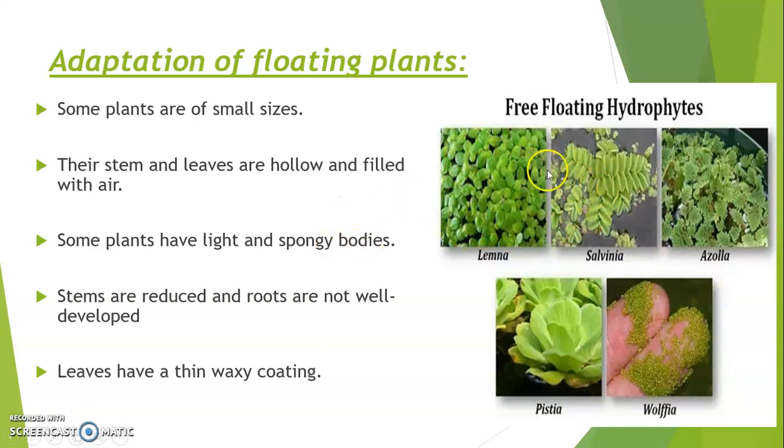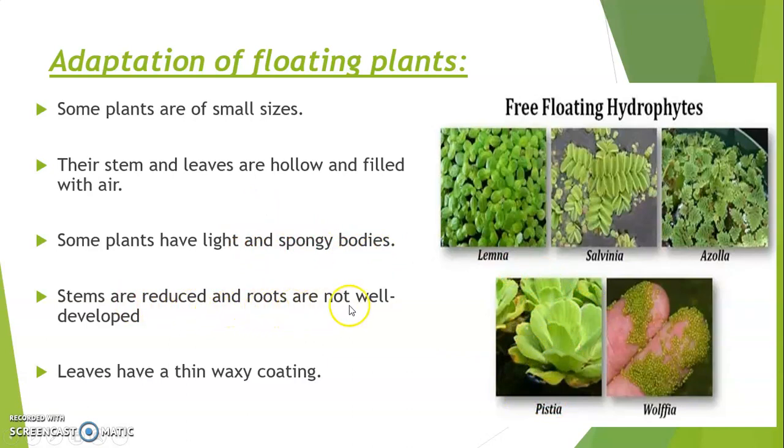They are hollow. So this makes them very light in weight and hence they can keep floating over the water. The plants have light and spongy bodies. So these leaves have a wax coating and are spongy in nature, so they can keep floating.